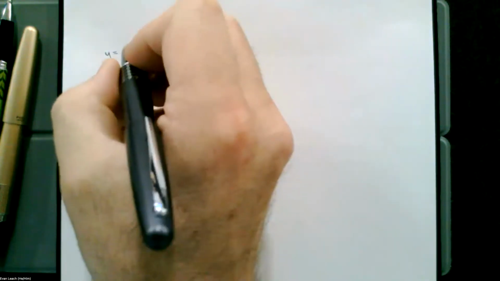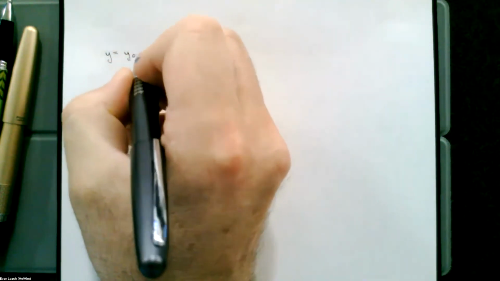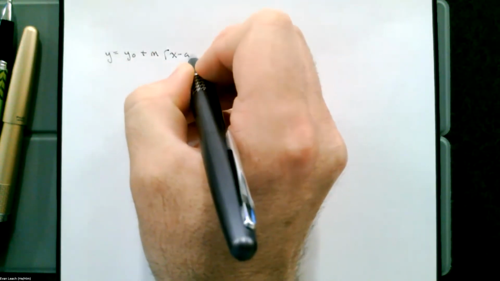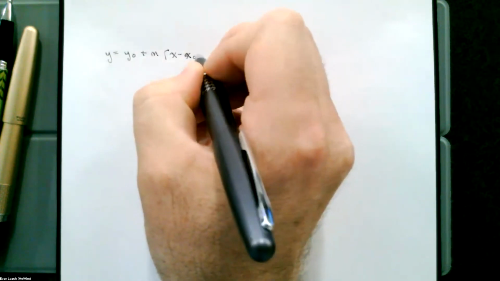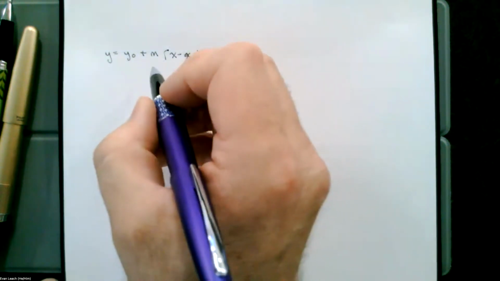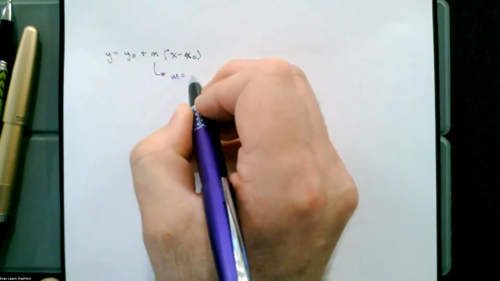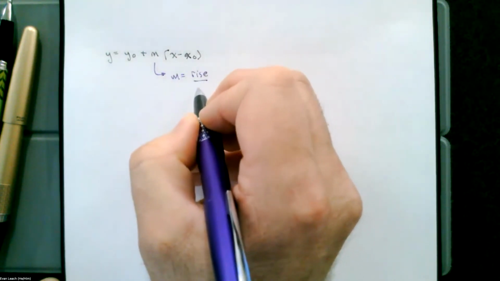Mx plus b is so ingrained, I can't get away from it. So here's the equation of a line containing the point x naught, y naught with slope m. But what we know is m is rise over run. So the slope is one number containing 2 directions. M is rise over run.